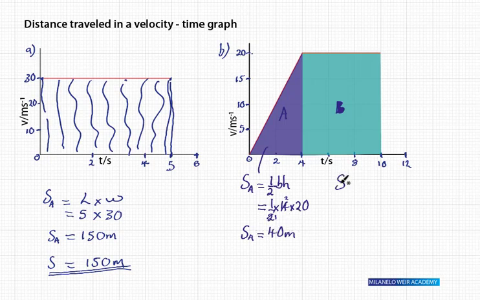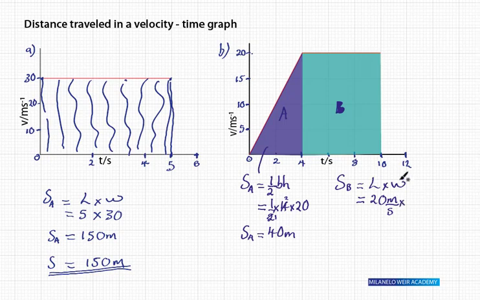Then area due to B, what is this? This is a rectangle, length times width. For this one, let me include units so that we see how we come up with meters, because it's not kind of magical. So length, which one should we choose as length? The long side, which is 20. This is 20 meters per second.